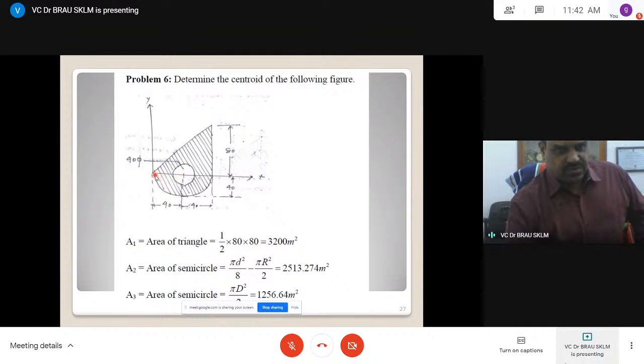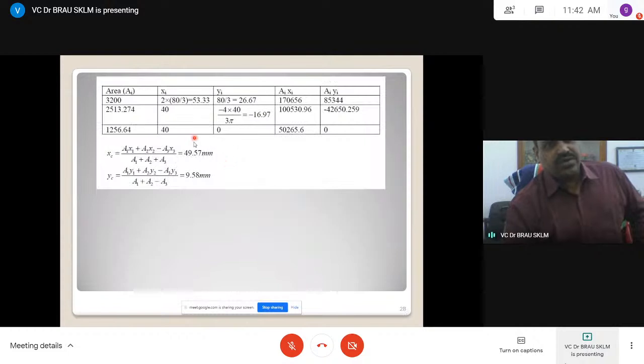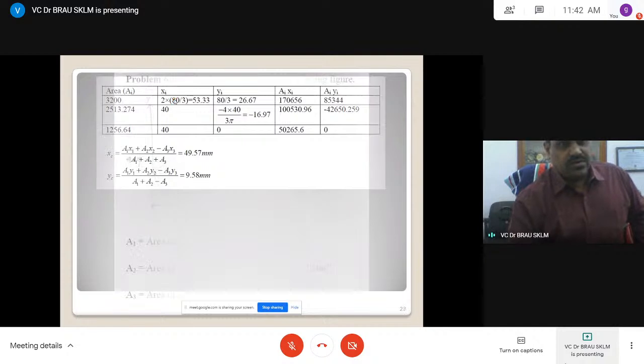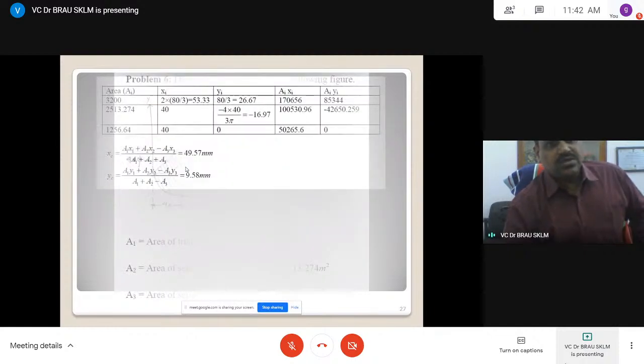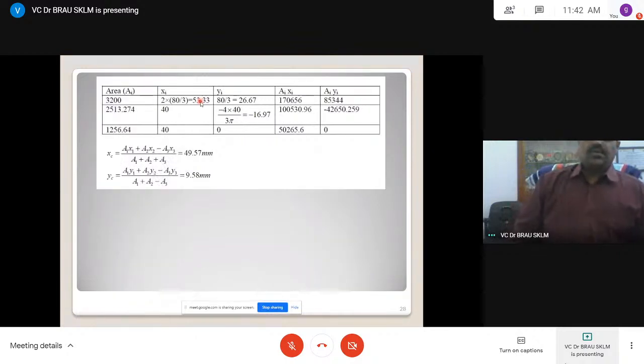Total 40, that means 20 plus, with reference to this point, 40 already given. And this 3200 is the area of the triangle. From the apex it is 2h by 3. Those are the x of 3.